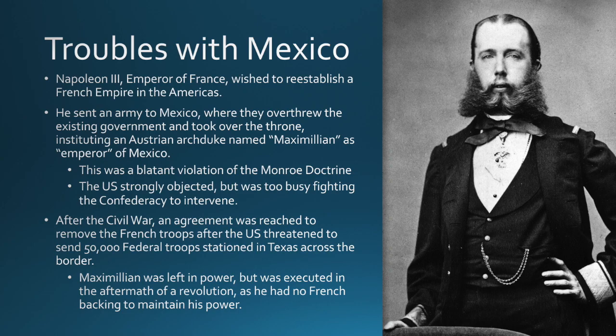And so as a result, they moved their troops, but they left Maximilian in power. However, because he had no more French backing and military to support his authority, a revolution eventually took place, and he was executed because the Mexican people didn't really like him being in power, and so he was replaced with a different government.